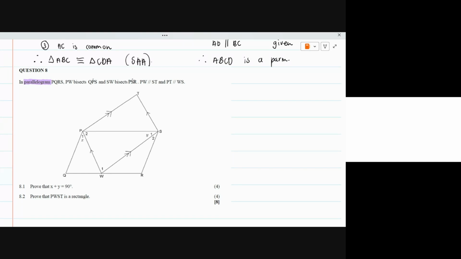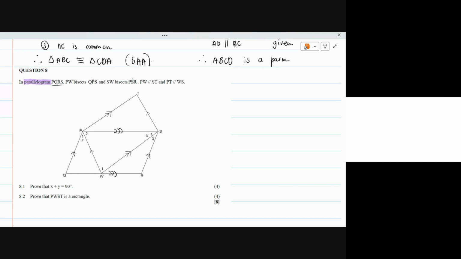We know that opposite sides are parallel. They're talking about parallelogram PQRS, so PQ is parallel to RS, and PS is parallel to QR.